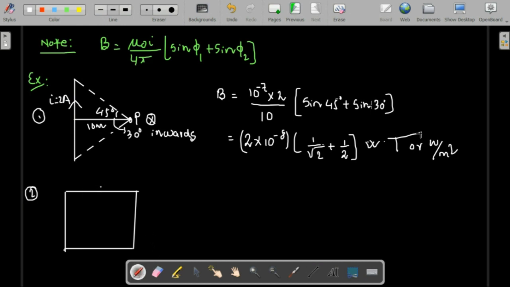Okay, so here we might have a current flowing in a different direction. Let's say this is the current I that is flowing.